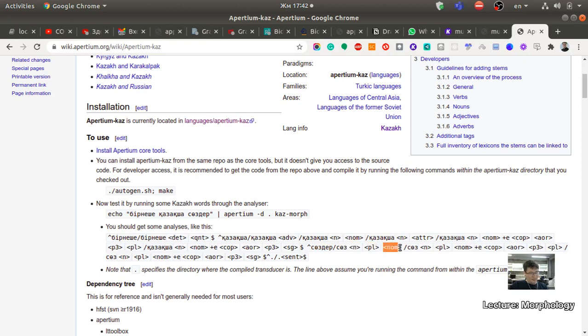Nominal means that it's singular, like atauseltek, the nominal case, the default case.